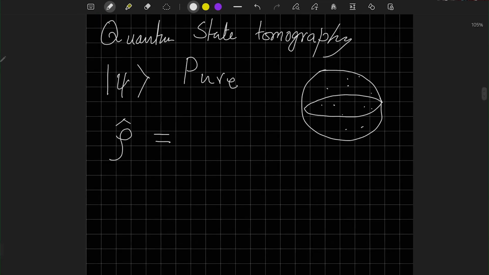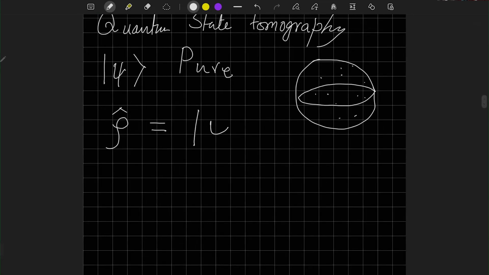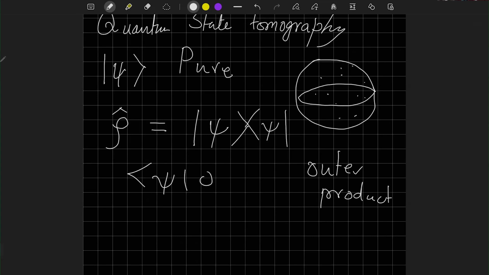If I were to take the quantum state psi, the ket, and juxtapose this with the corresponding bra, I form what is called an outer product. So this was an example of an inner product, a bracket, which produces a scalar representing the overlap between two vectors.